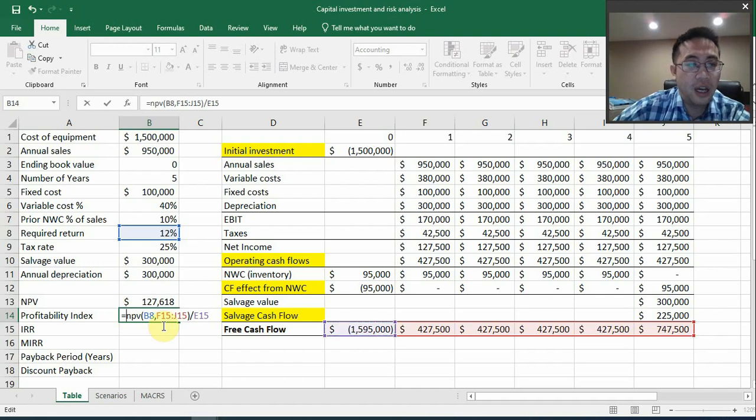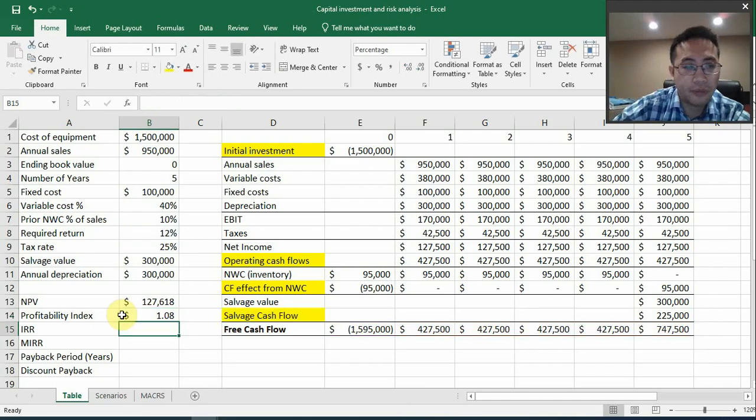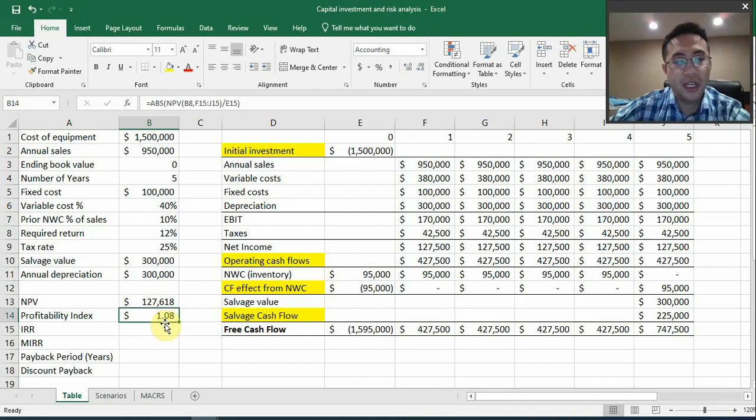And definitely you're going to take the absolute value of the whole thing because the denominator is a negative number, and you want the profitability index to be a positive number. Okay, so the profitability index is 1.08. That means the money you make in the future, even accounting for the risk and time value of money, is still over the initial investment. So you can still have some room to make money because this value is greater than 1.